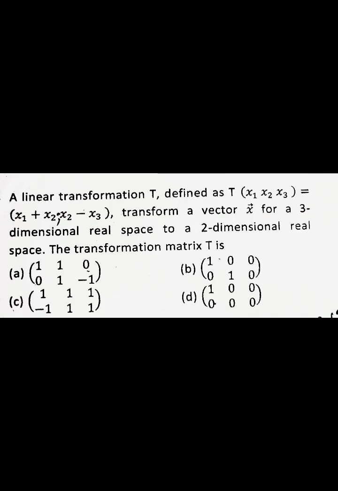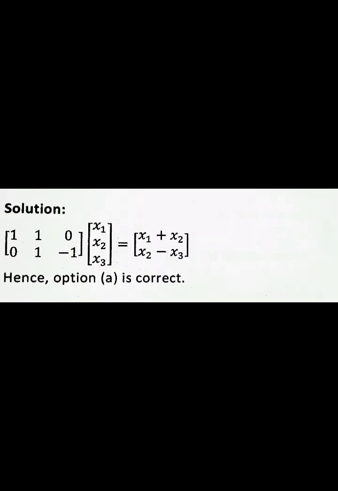Next question is, a linear transformation T defined as T of x is equal to x1 plus x2, x2 minus x3, transforms a vector x from a 3-dimensional real space to a 2-dimensional real space. Then the transformation matrix T is dash. So here we need to find which option gives the value such that if it is multiplied with x1, x2, x3, it gives x1 plus x2 and x2 minus x3.